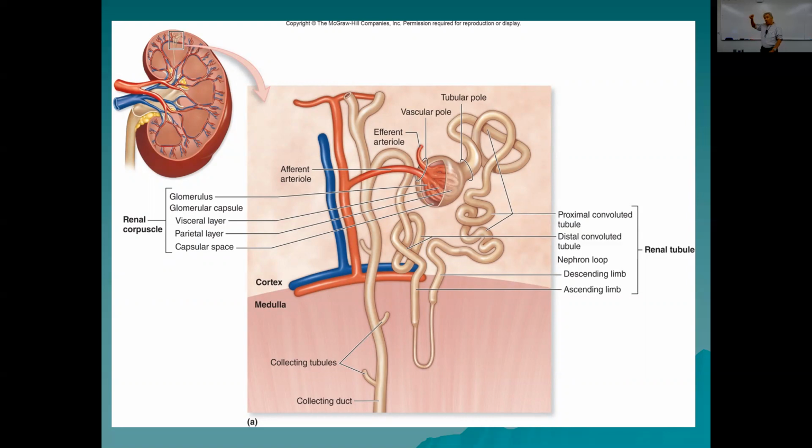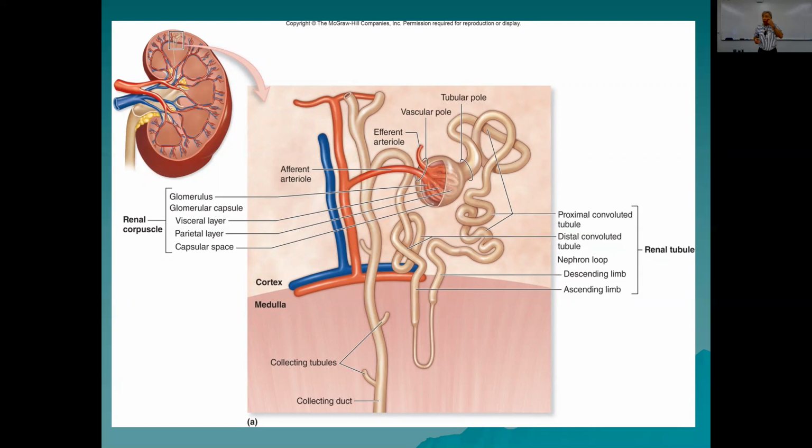And it goes convoluted through the cortex, and then it dips into the medulla with the descending limb and ascending limb of the renal loop, or the loop of Henle. Then the ascending limb comes back up, forms the distal convoluted tubule. It travels very close to the vascular pole of the renal corpuscle of the same nephron it came from.